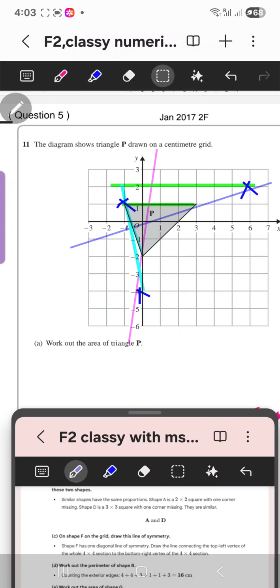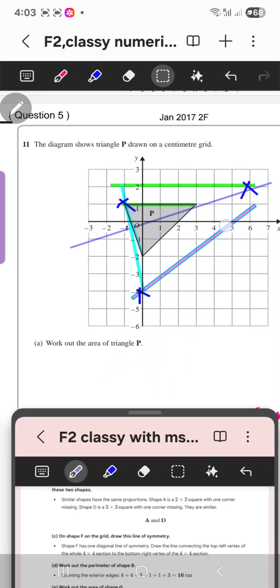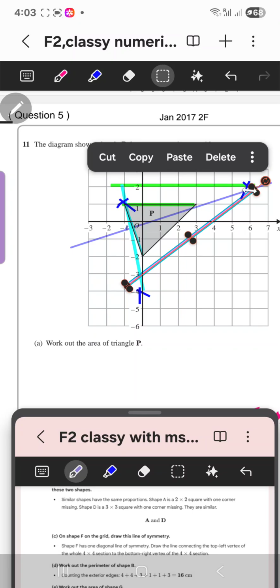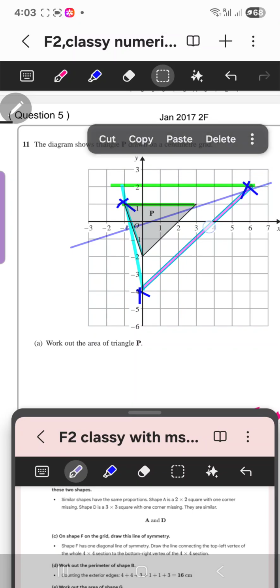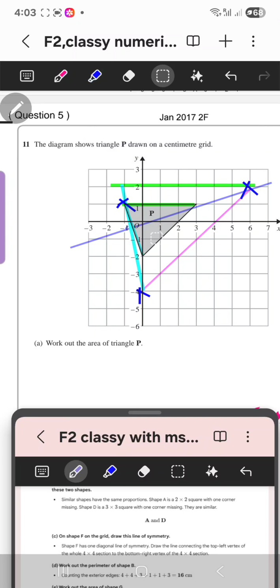Negative 1 and 2, and the last one here, it must be joined like this. Yep, so that is the final shape here of the triangle.